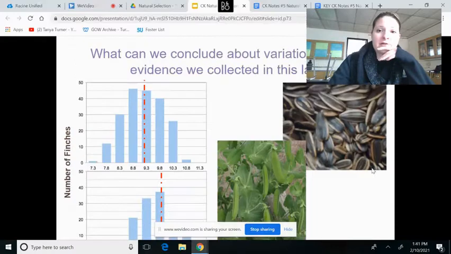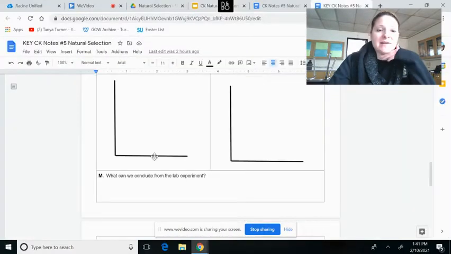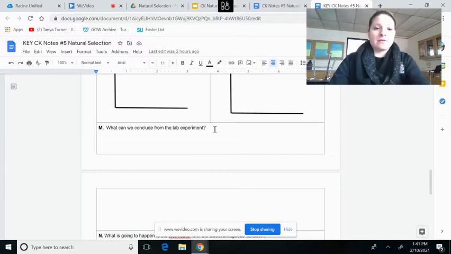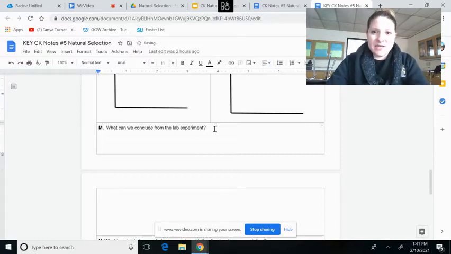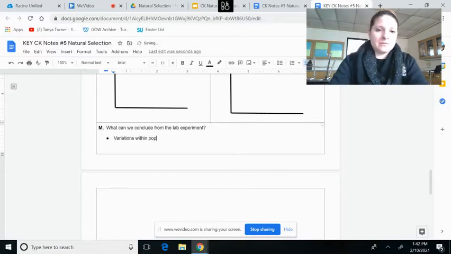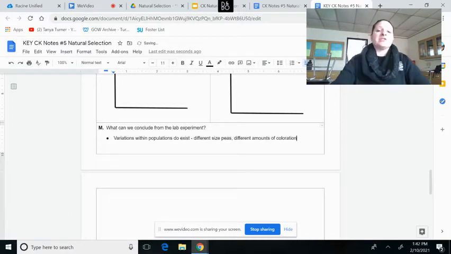So on our notes, we should have, in box M, what can we conclude from this lab experiment? That there are variations in populations. Variations within populations do exist.